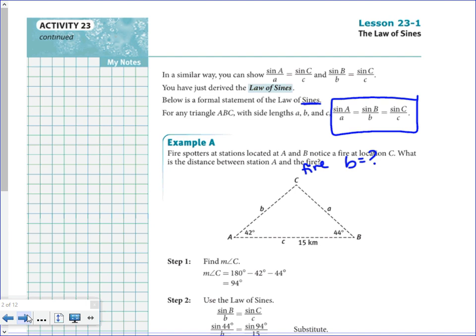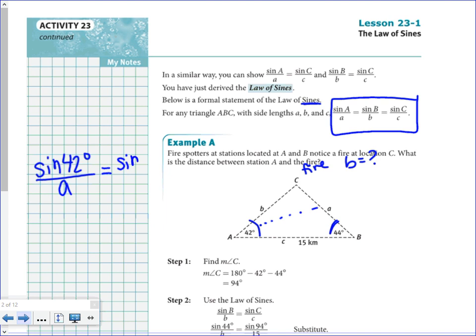So the first thing you're going to want to do, pick an angle. 42 degrees. The sine of 42 degrees over angle A, side A, because that side is opposite angle A. That is going to be equal to, pick another angle. We have angle 44.